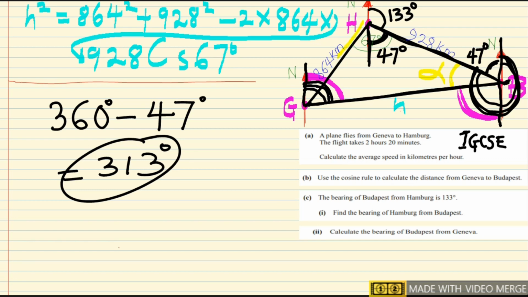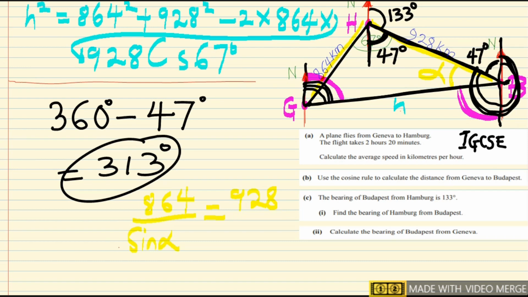We already have this line here, so using our sine rule, 864 divided by sine alpha equals to this other side here, which is 928 divided by... Sorry, we can't get that because we don't have this other angle here.